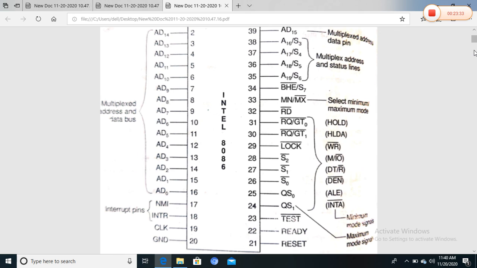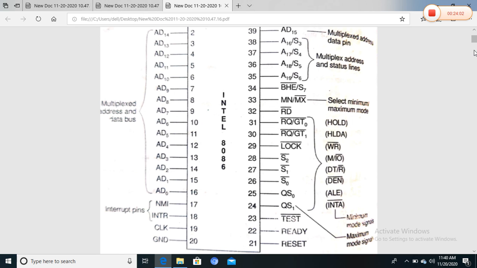Next, S0 bar, S1 bar, S2 bar, status signals, pin numbers 26, 27, 28. These are the status lines which reflect the type of operation being carried out by the processor. When S0, S1, S2 bar are 000, an interrupt acknowledge operation is performed.